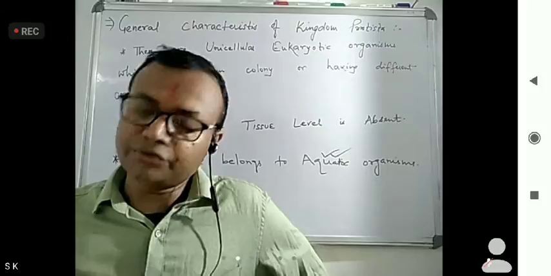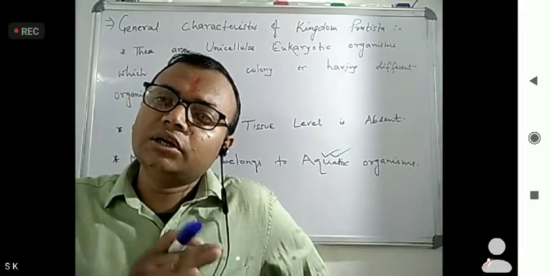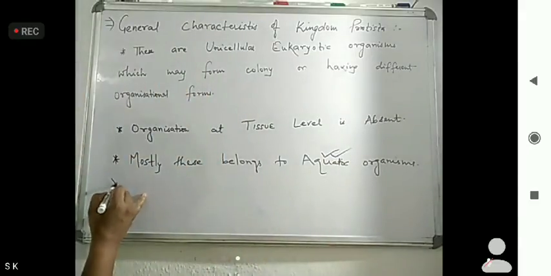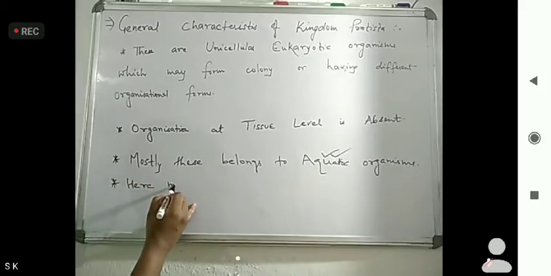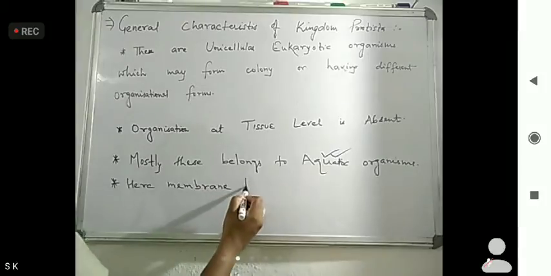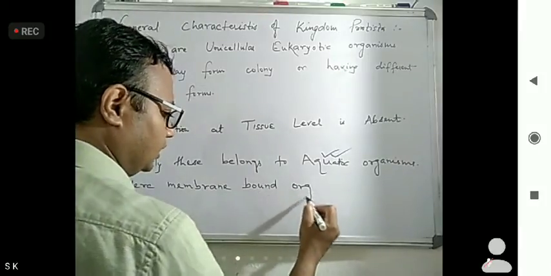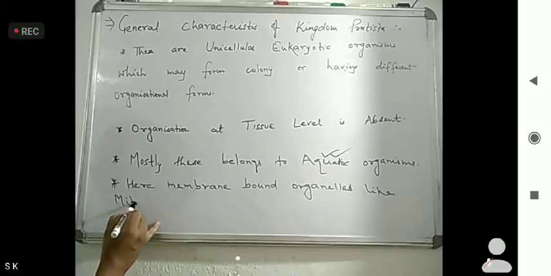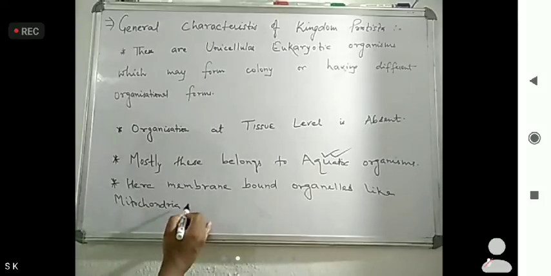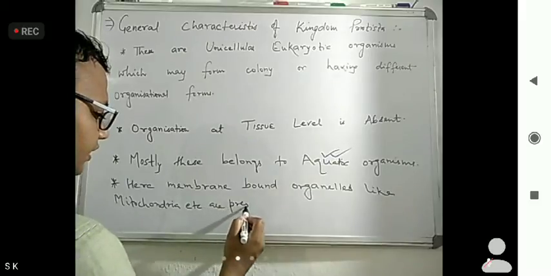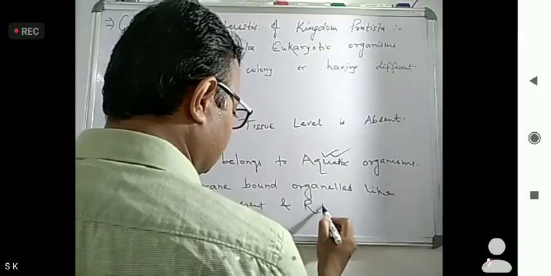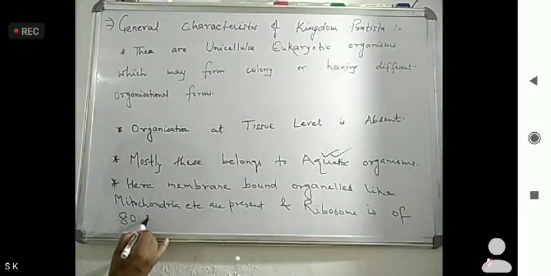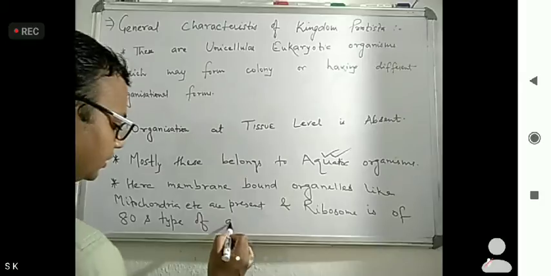Okay, and what we saw, till Kingdom Monera, no membrane bound organelles were present, but from here membrane bound organelles like mitochondria etc. are present, and the ribosome is of 80S type of arrangement.